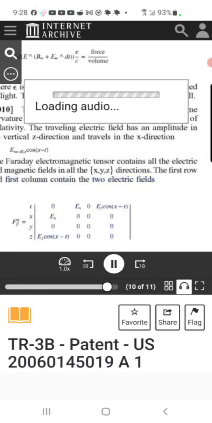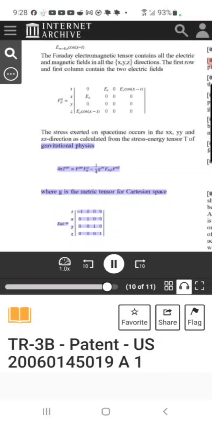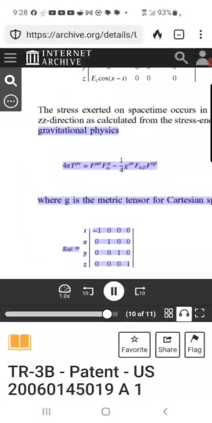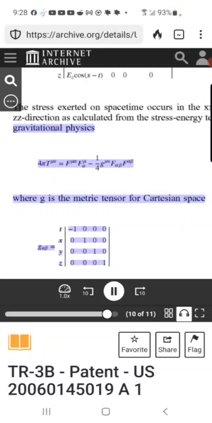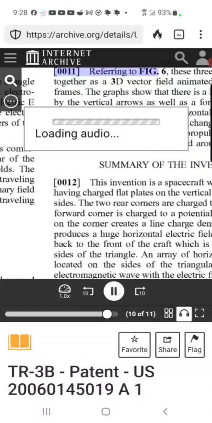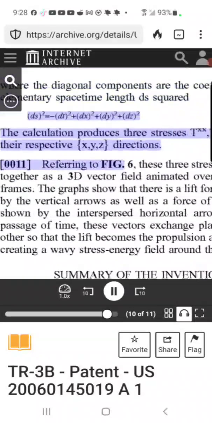Gravitational Physics, T^μν = F^μα F^νβ g_αβ, where g is the metric tensor for Cartesian space, R^3, with the diagonal entries minus 1, 1, 1, 1, where the diagonal components are the coefficients of the elementary spacetime length ds squared: ds² = -dt² + dx² + dy² + dz².